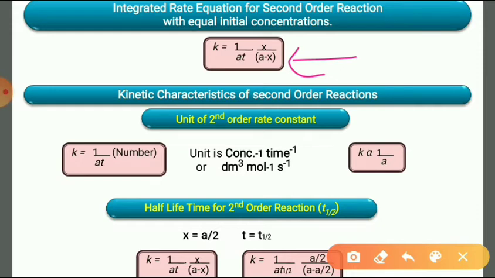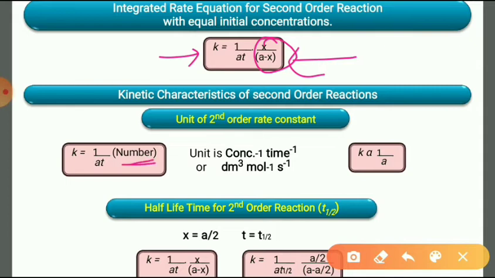Now we will see the kinetic characteristics of a second order reaction. First of all we will see the unit of a second order rate constant. Now we know the integrated rate equation. Here, the factor x upon a minus x is a ratio of concentrations. If you have the ratio of same parameters, we get only a number.